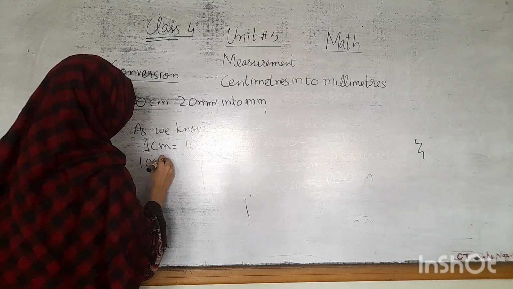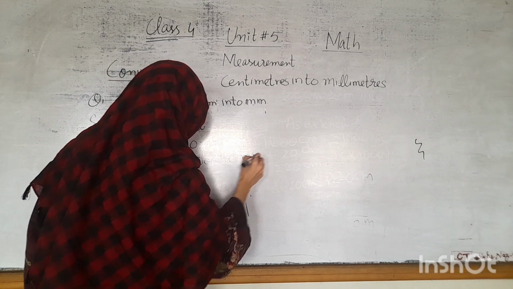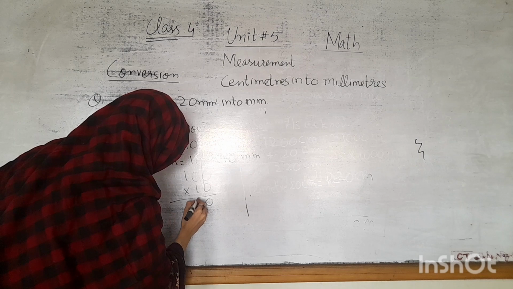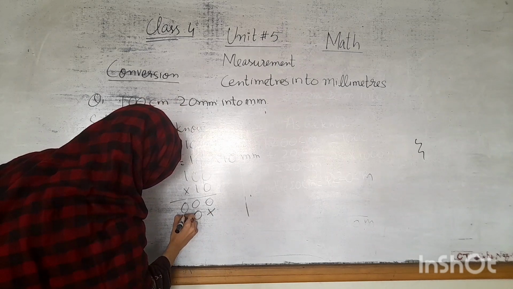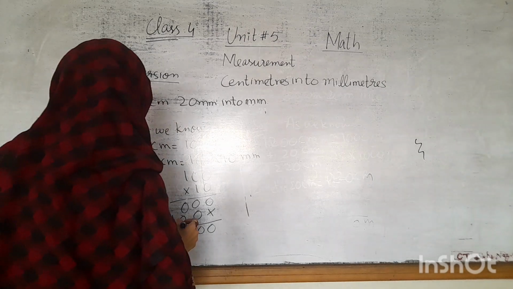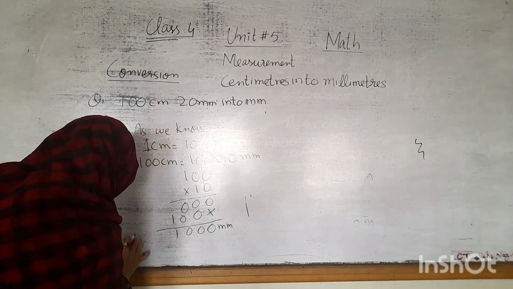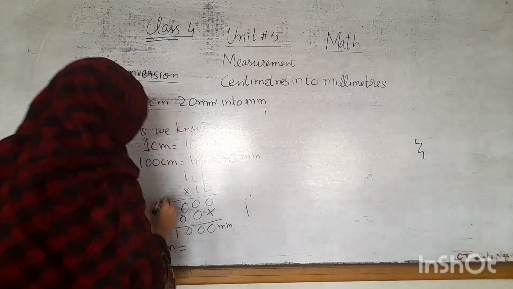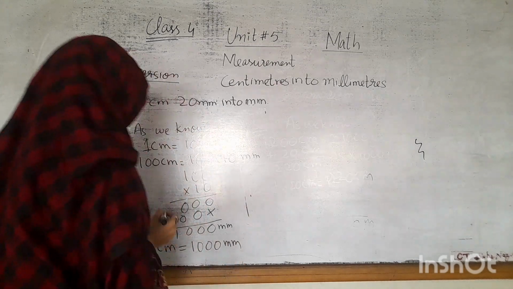So 100 centimeter is equal to 100 multiplied by 10 millimeter. So our answer is 1000 millimeter.